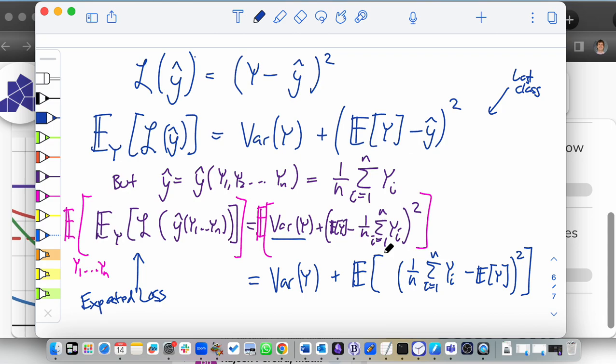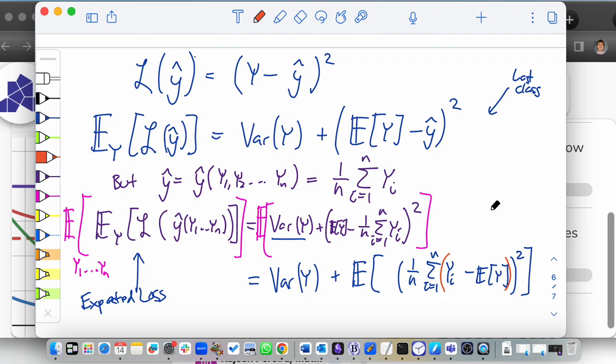So what I'm going to do is bring the expected value of y into the bracket. Instead of averaging the y's and then subtracting the expected value of y, I'm going to subtract the expected value of y from each term and then average them. That's okay, because the average of a constant is the constant itself.